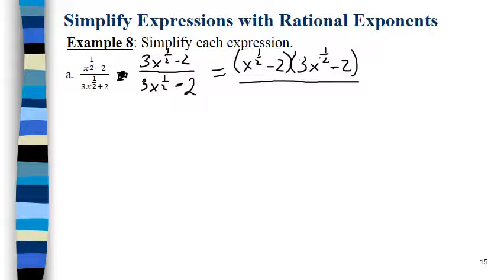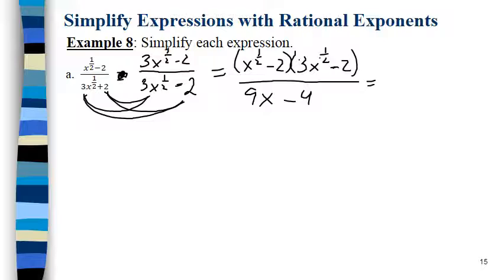Over there, 3x to the 1/2 times 3x to the 1/2 is 9x. 3x to the 1/2 times negative 2 is negative 6x to the 1/2. 2 times 3x to the 1/2 is positive 6x to the 1/2, so that's 0. And then 2 times negative 2 is minus 4.